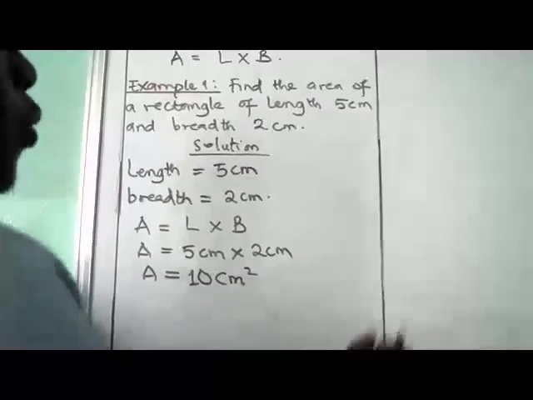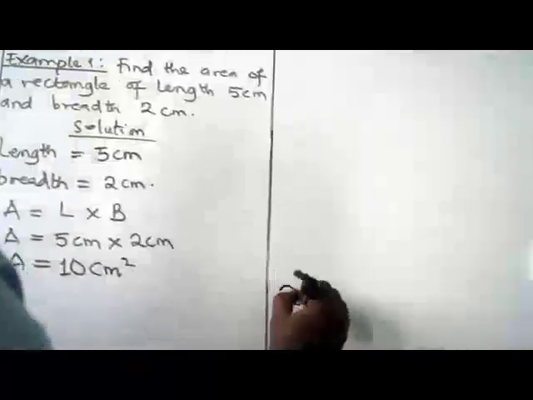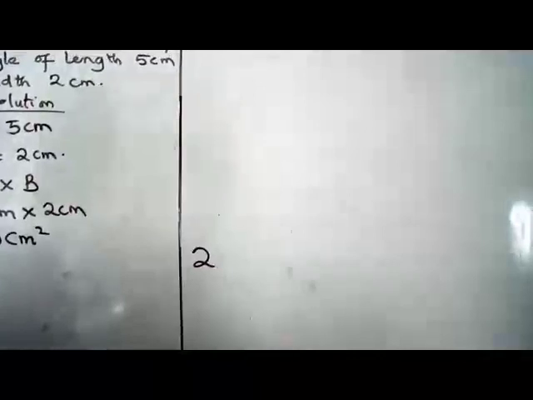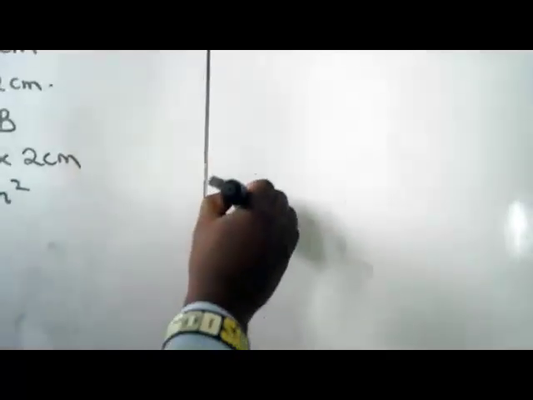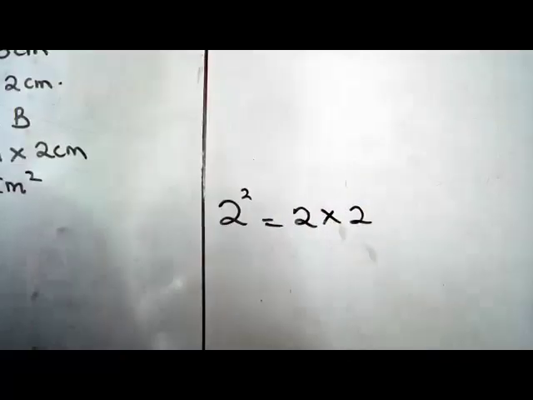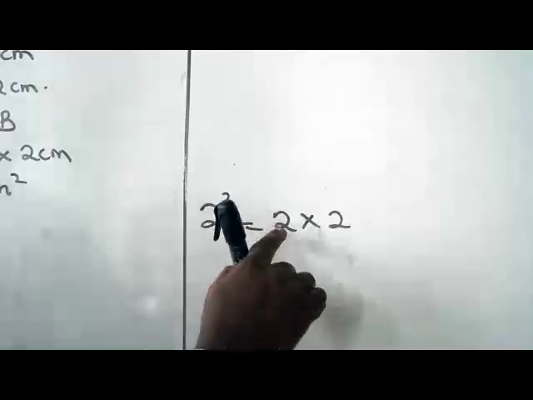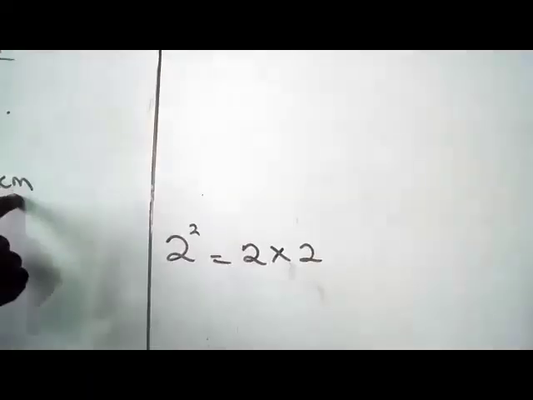We should not forget that when we did square of numbers, and we have questions like find the square number of 2, we always write 2 raised to power 2, which simply means 2 multiplied by 2. That is 2 multiplied by itself 2 times. That's why we have 2 raised to power 2. So since I multiply centimeter by centimeter, centimeter will be written as centimeter raised to power 2.